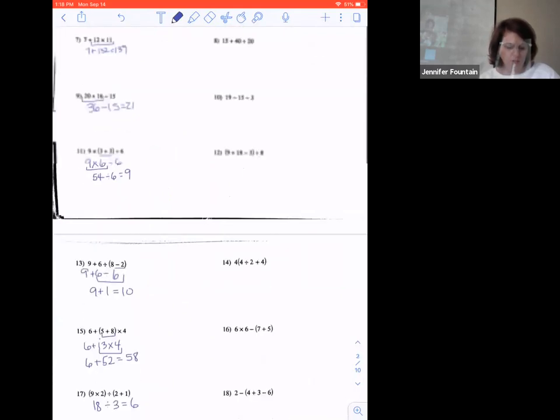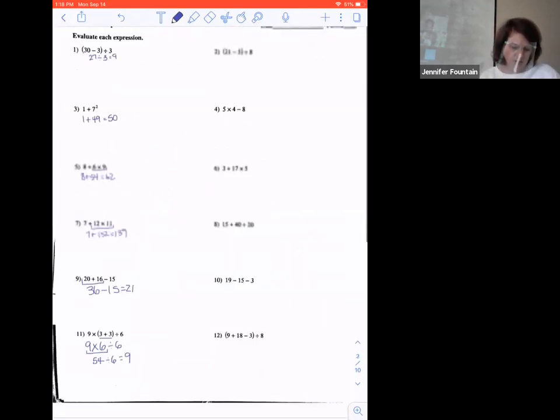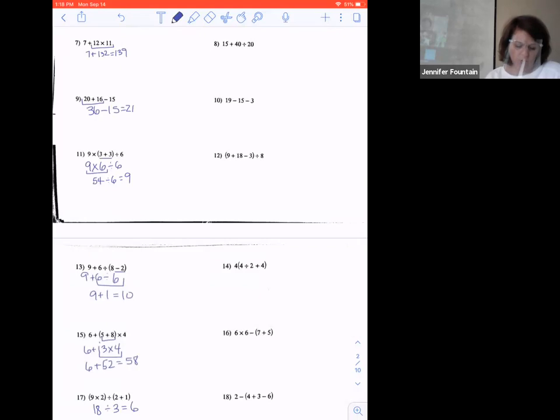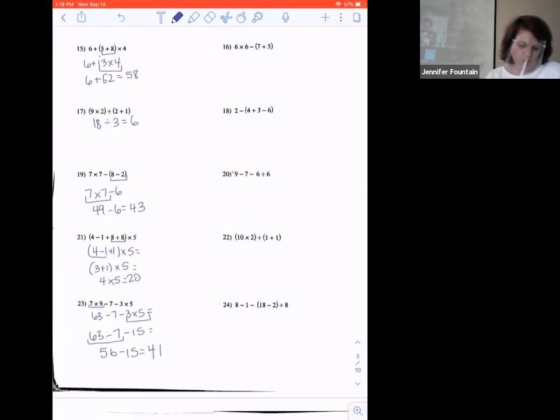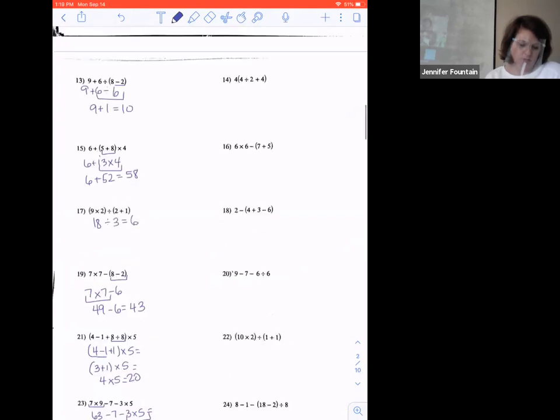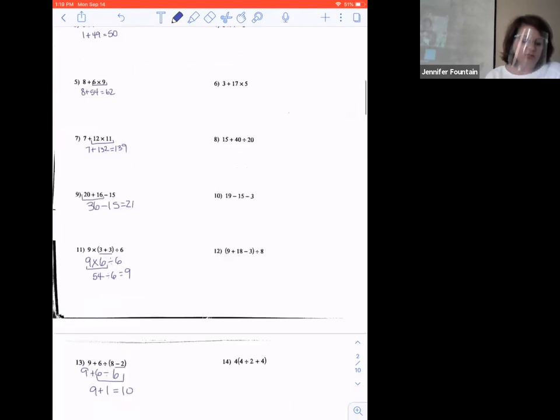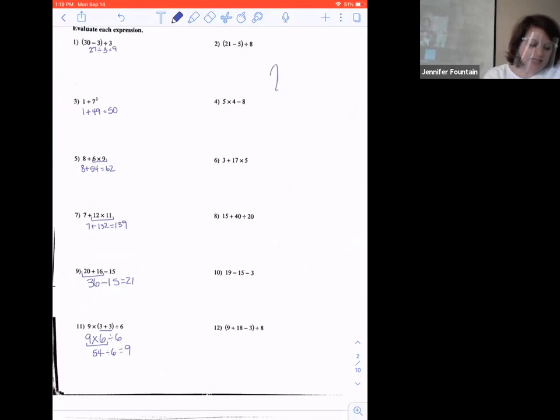And what we will do is we have got our evens that we still haven't done. So let's do numbers 2 through 16 evens will be our homework.